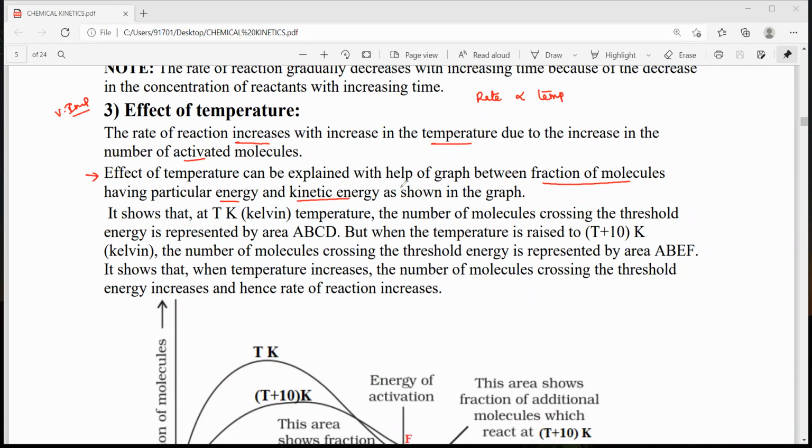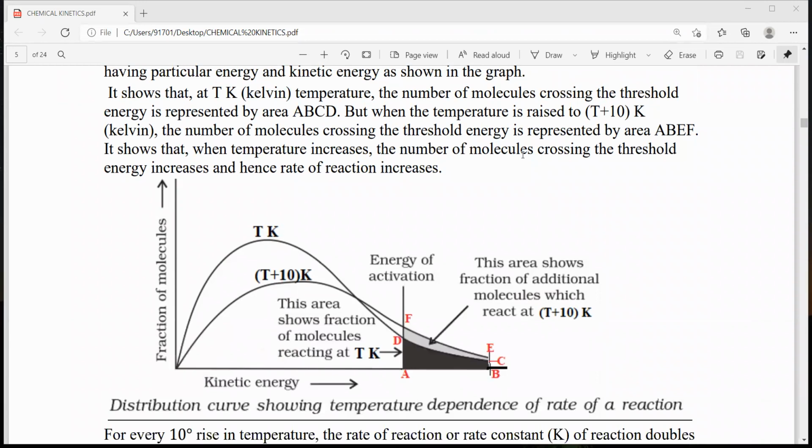Let's see the graphical representation, dear students. On the y-axis, you take the fraction of molecules having a particular energy, and on the x-axis you take the kinetic energy of the molecules.